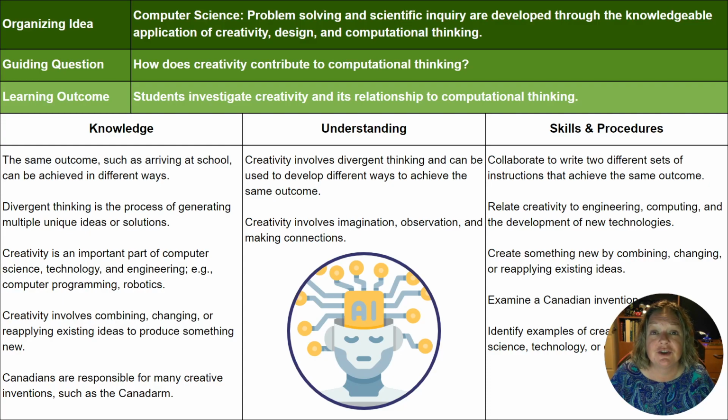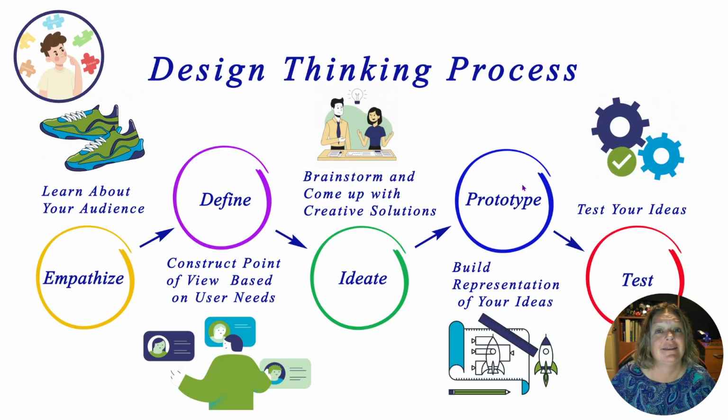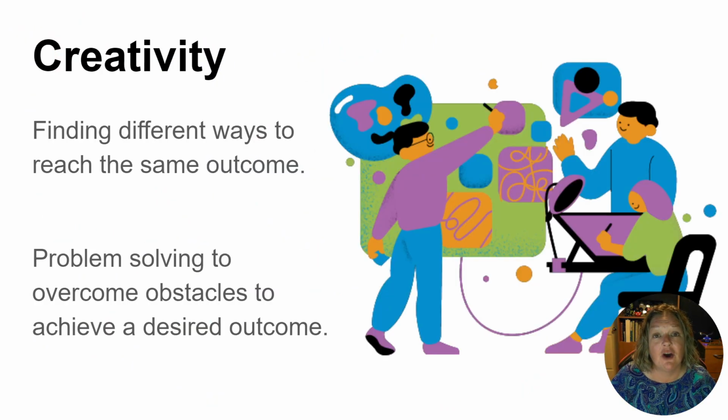That's how you're going to ensure that your students have a really good solid grasp of the key aspects of the computer science curriculum. We know that all the way from kindergarten through grade 6, there are three overarching ideas that encompass the computer science organizing idea. They want students thinking about learning and thinking about computational thinking, the design thinking process, and also creativity, as it is related to creative thinking and finding solutions to problems.